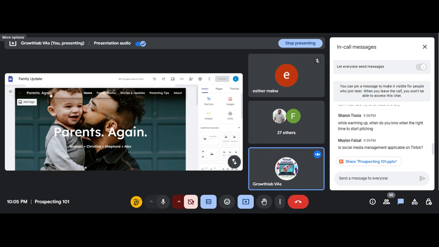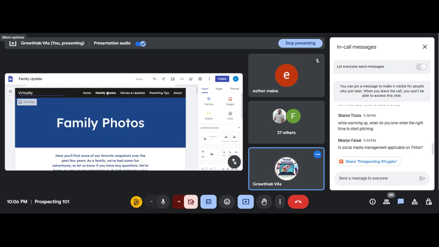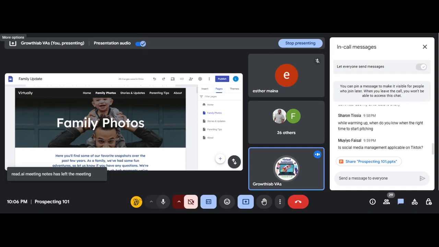So you see, for example, this one. This is the name of the site. So I can name it virtually. Then for the pages, you can edit this. I think you can edit it.